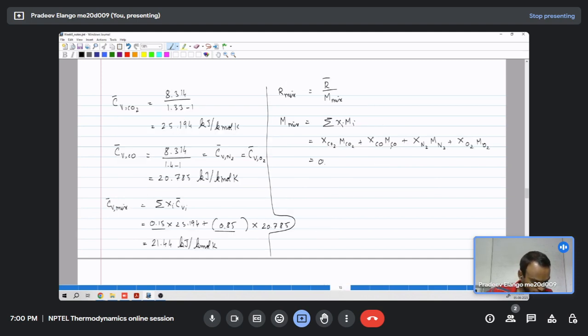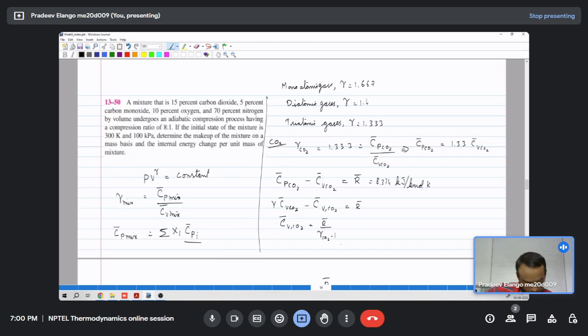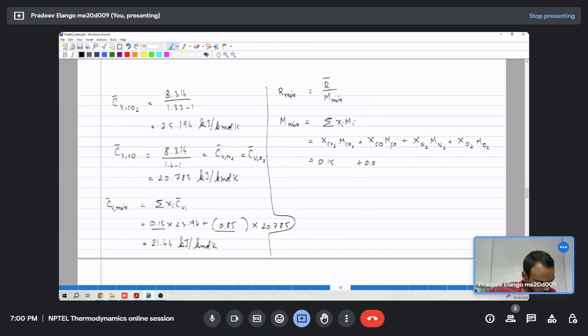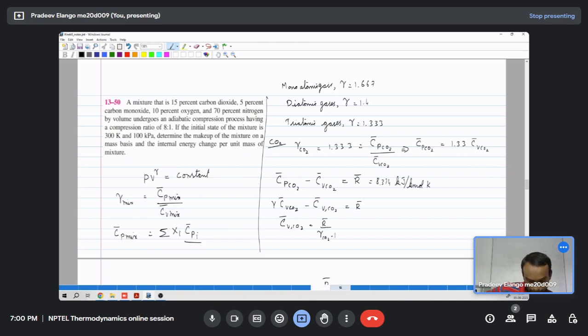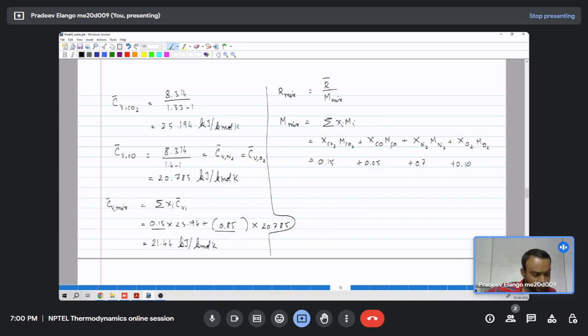So this is 0.15, plus carbon monoxide 5%, plus 10% of oxygen, and 70% of nitrogen. Here the molecular weight of carbon dioxide is 44, and of carbon monoxide is 12 plus 16, which is 28.